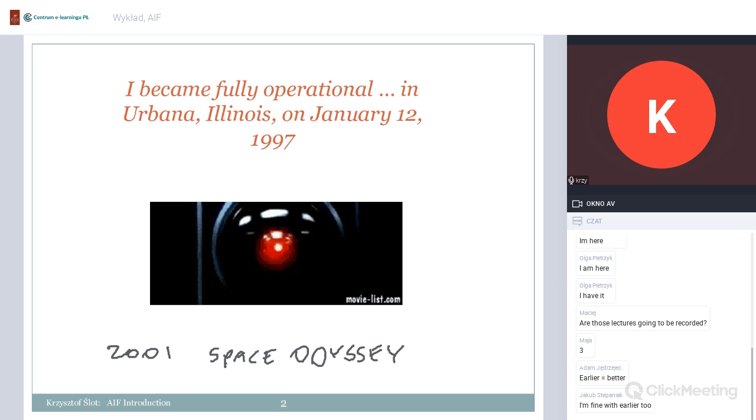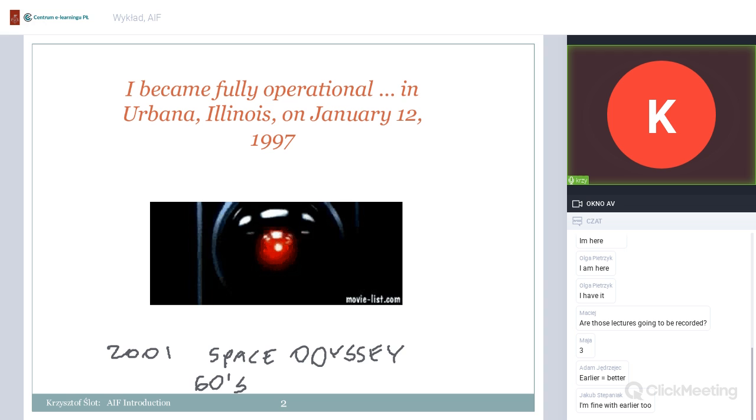The movie is quite interesting because it was shot in the 60s. And it is quite important and quite symbolic for artificial intelligence because the script for this movie was written with an important contribution from leading researchers in the field.